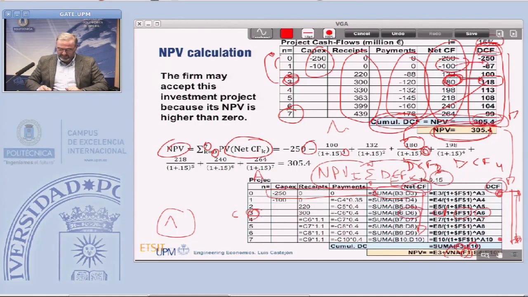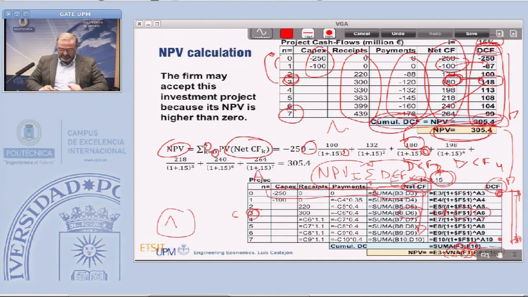F1 is the cost of capital, 15%. And then you see a reference to the cell from E4. E4 is the net cash flows. So you have not to use the discounted cash flows here, because what this formula does is to calculate the discounted cash flow. So you have to use in the formula the net cash flows.